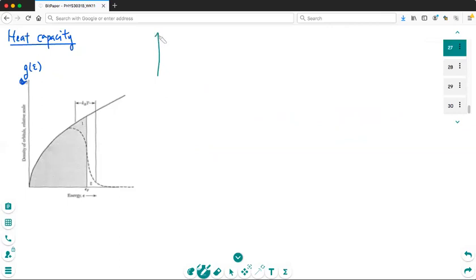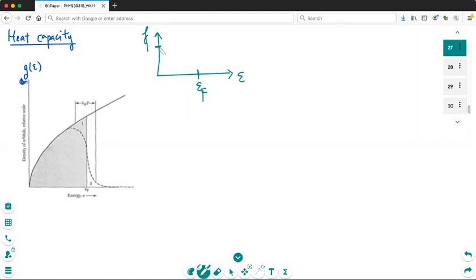So let's look at this. At zero temperature, I have a step function. At finite temperature, I have this smearing. So now I plot energy. This is 1. I don't want to worry about the difference between chemical potential and Fermi energy.